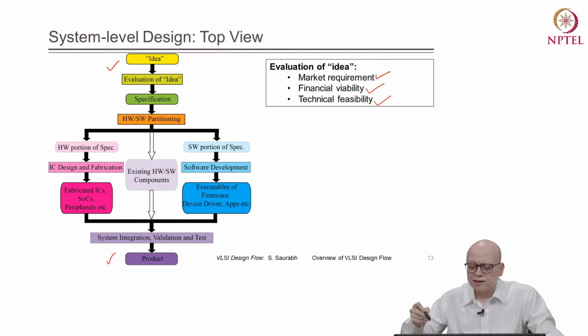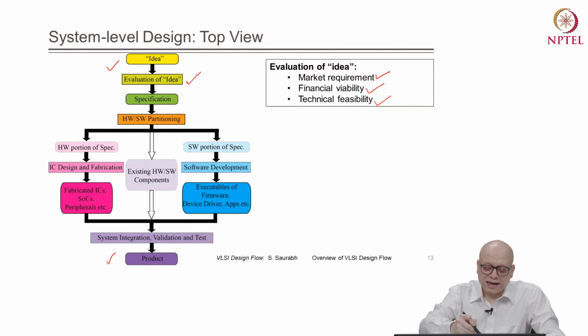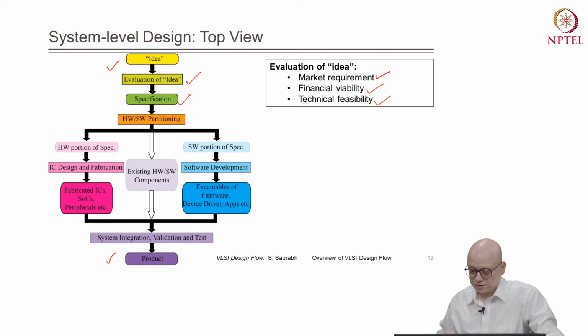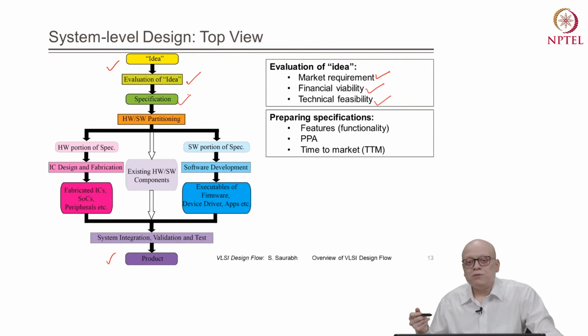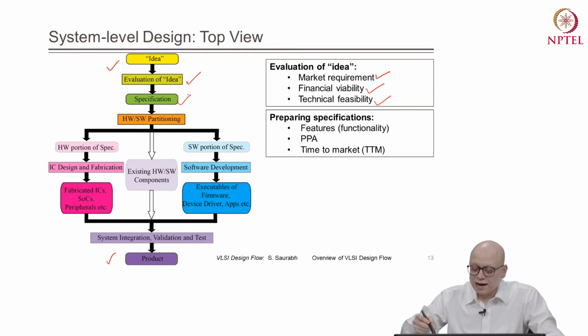If all these things are positive, then we move to the next step, that is creating a specification for the product, right? So when we define a specification, we will decide on the features that we need for the product and the PPA or the figures of merit that are relevant for the product.